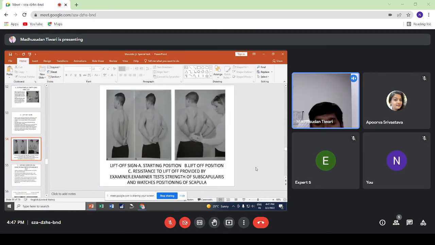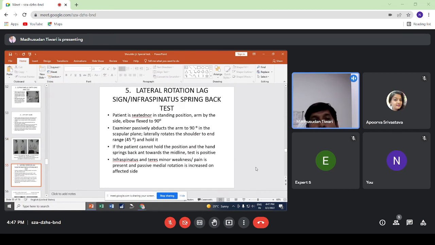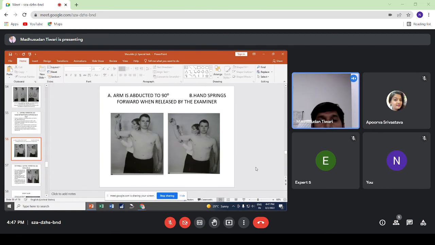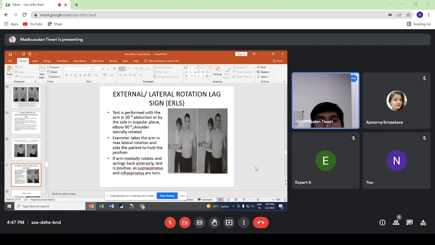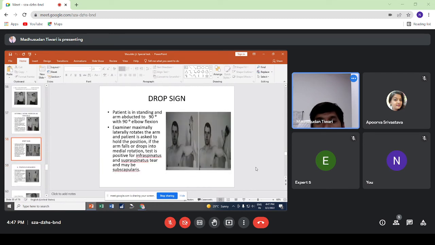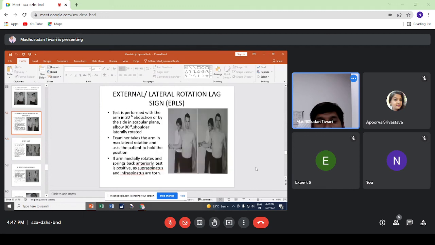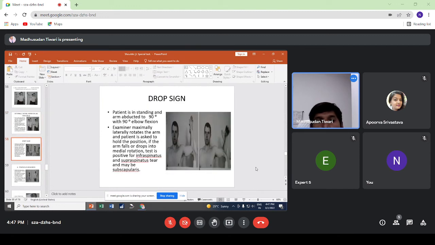Lift off sign. Lots of tests are there. Lateral rotation lag sign. Drop sign. What do we do in the drop sign? Patient is in a standing position and the arm is abducted to 90 degrees and the elbow is flexed to 90 degrees.